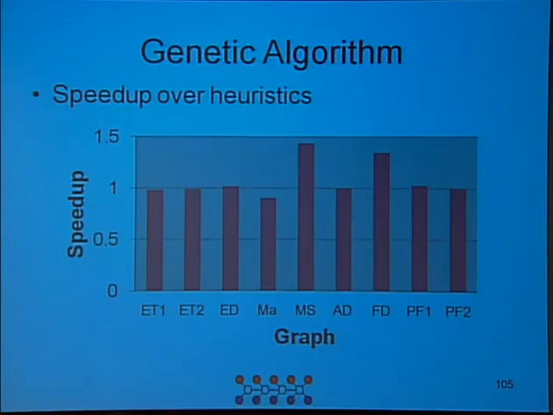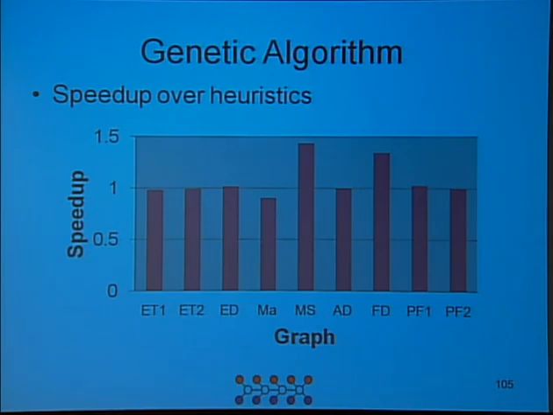And then the GA. This is additional speed up over the previous results. Here's an asynchronous multi-stream graph, and again the feature detection graph. So it's on top of the other results because the GA is initialized using these heuristic results. So most of the time it does just as well. It doesn't always do as well because you try more options with the other algorithm.